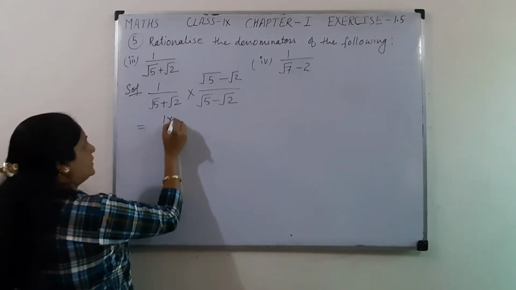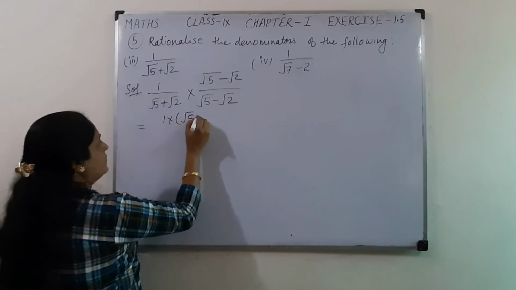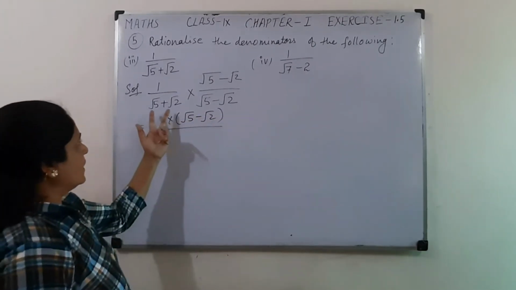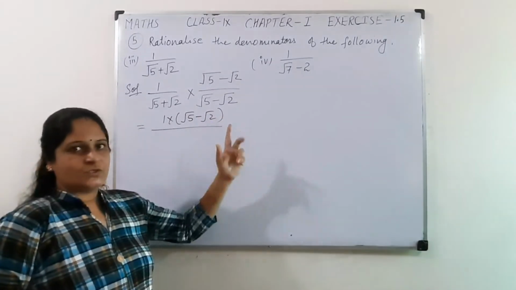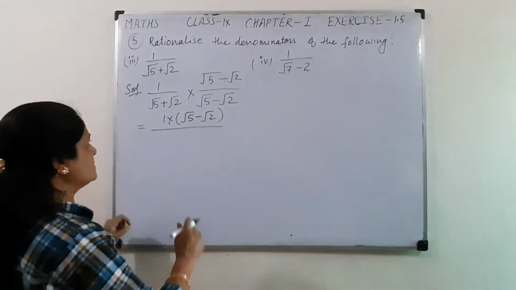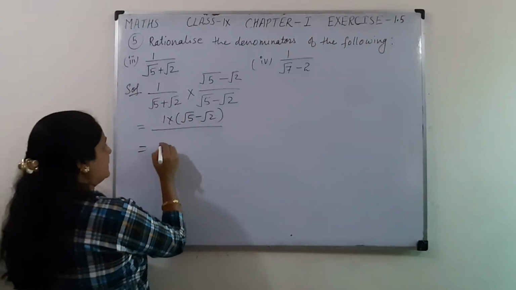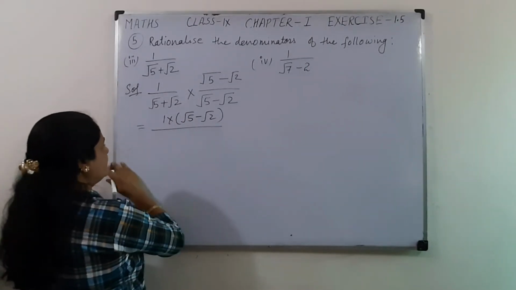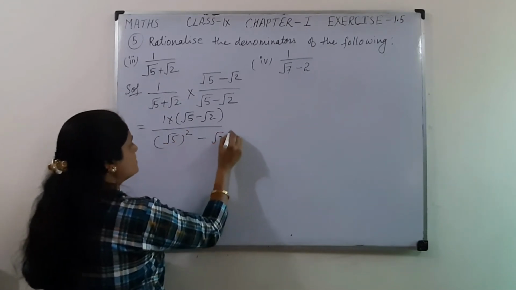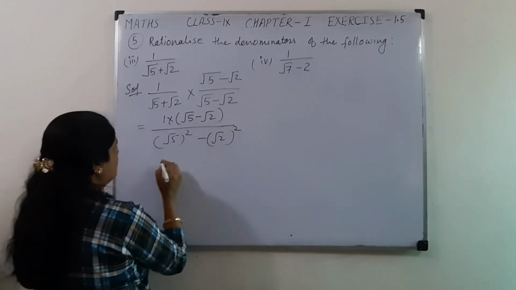So 1 into root 5 minus root 2 upon, here a plus b and a minus b. So we'll apply the identity here, a square minus b square. So this can be written as root 5 square minus root 2 square.